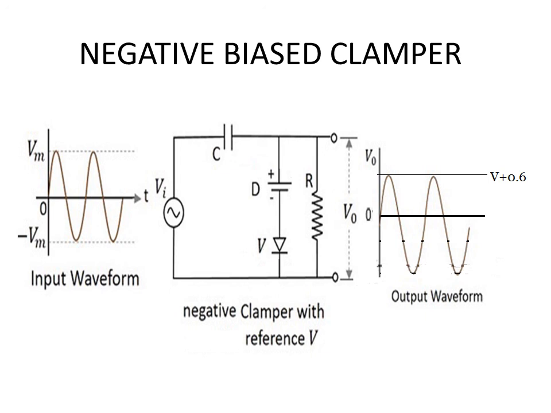So in this diagram, the clamping level should be specified with respect to the position of the crest. So the waveform has come down and it has been clamped at a level equal to positive V plus 0.6.